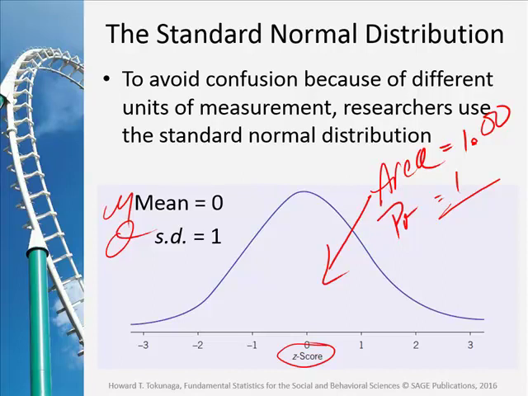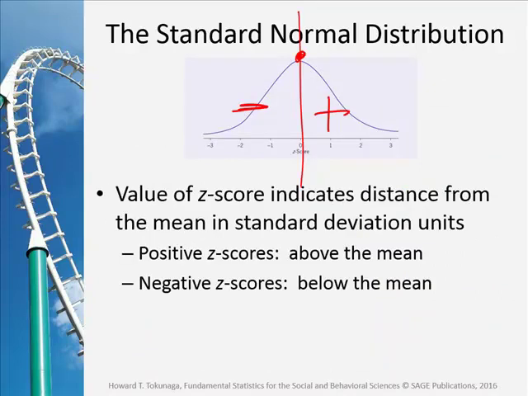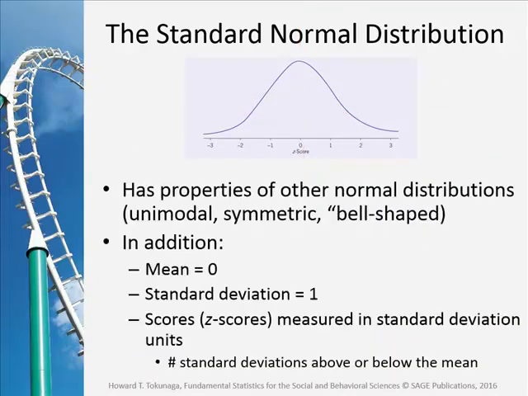We can use this normal curve that has area of 1, and 100%, and a probability of up to 1 interchangeably. And that's going to be great because that's going to simplify what we do with the normal curve. How are we going to do this?